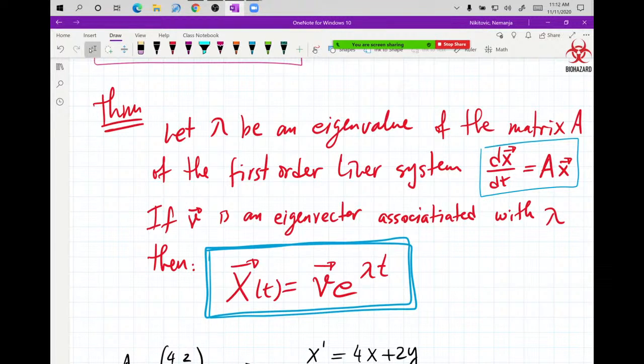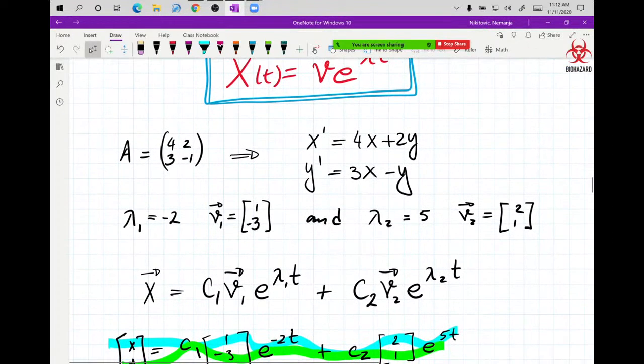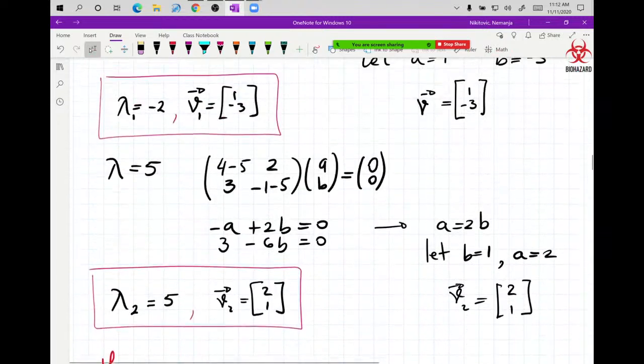Hello and welcome back to Differential Equations, section 5.2 on the eigenvalue method, and this is part 2, where we are going to discuss complex eigenvalues.